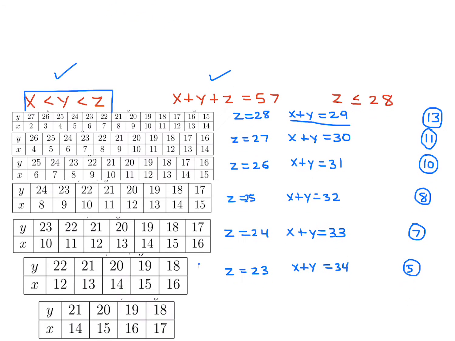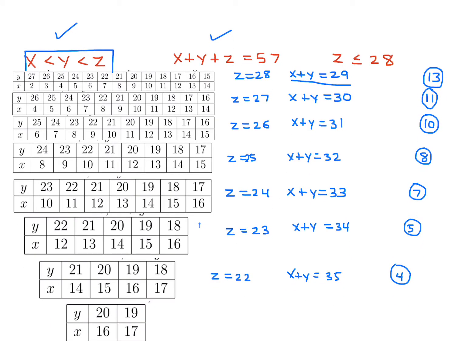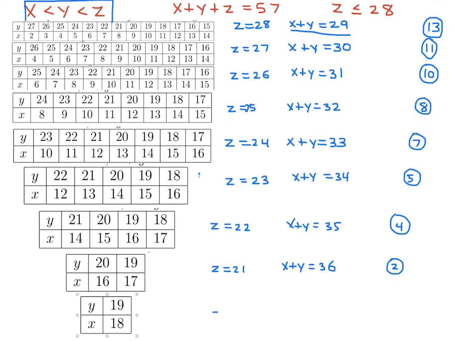If you go down to z equals 22, you get x plus y is 35, and now you have only 4. When z is 21, you get x plus y is equal to 36, and there's only 2 in this table this time. And the last one, interestingly, is with z is 20, x plus y is 37, and you only have 1.